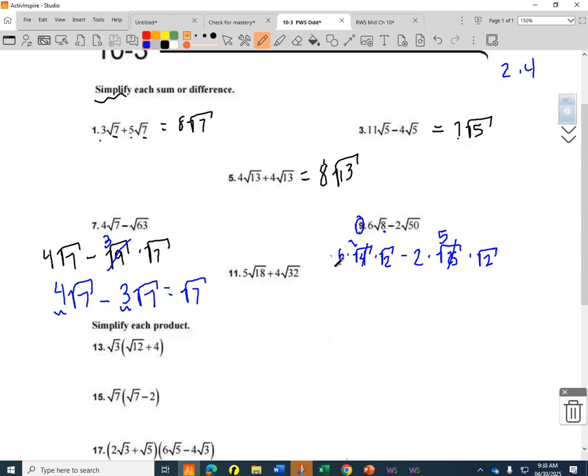So we multiply the outside number. 6 times 2 is 12 square root of 2. Minus 2 times 5 is 10 square root of 2.